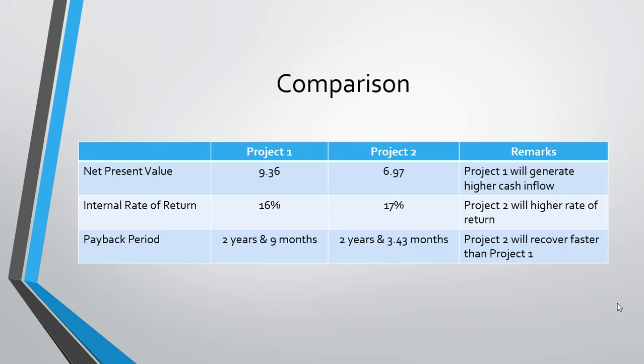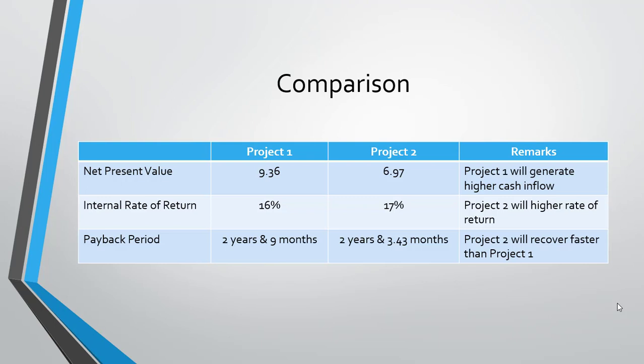Okay, let's compare net present value. As you can see, project 1 will provide the higher cash inflow than project 2, but it should not only be the one to use for comparison and determining which project will be a good choice for a manager, or for the investor. We look into the internal rate of return.